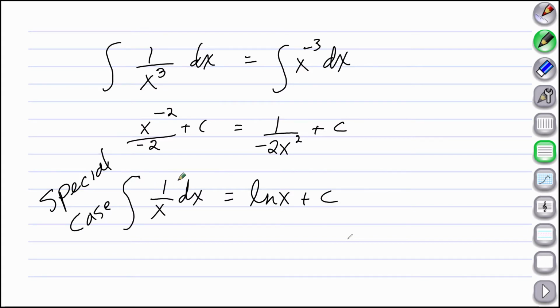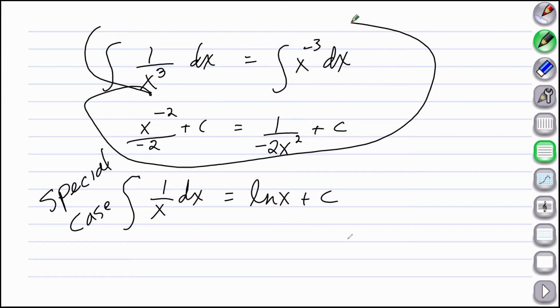We don't say x to the negative 1 and try to calculate it. It's just the natural log of x plus c. X cubed we bring up, x squared we bring up, but not 1 over x. So 1 over x cubed is not a natural log or anything like that. It's handled like we did up here. But 1 over x, special case.